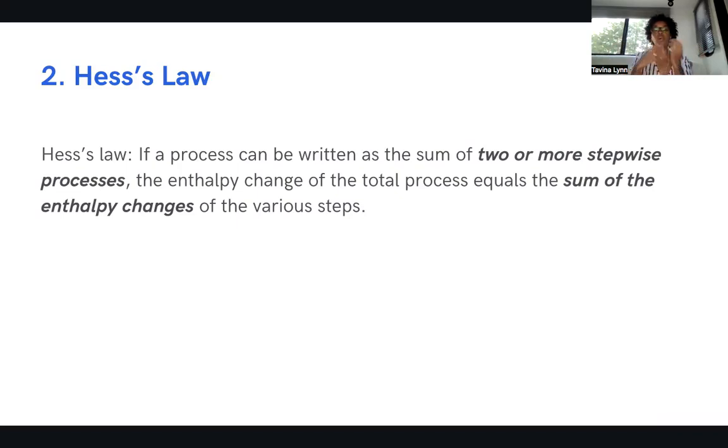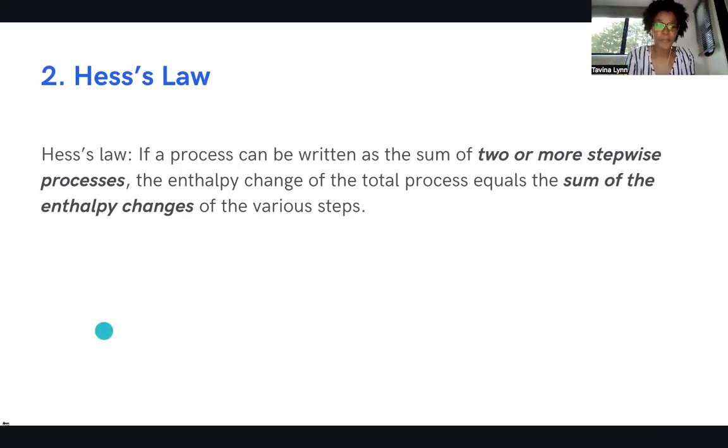And so according to Hess's law, if that reaction that we write can happen in two or more steps, then the enthalpy change for each of those steps can give us the overall enthalpy change for the overall reaction. And you might still be like, that summarized version is still confusing.